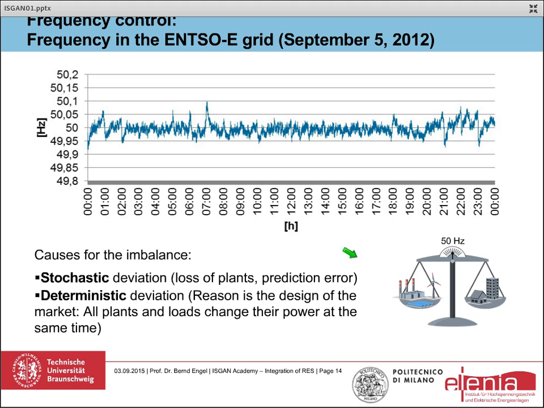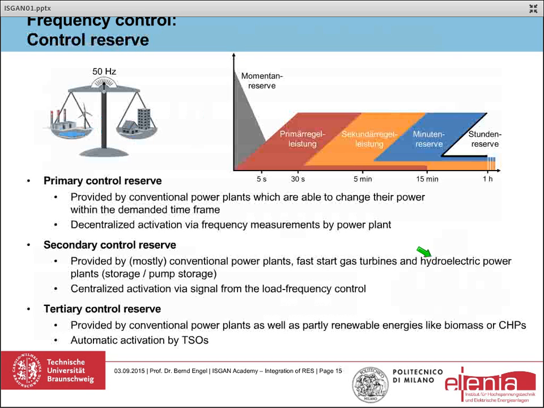And we see the principle: if we have generation and load in balance, we have exactly 50 hertz, the nominal frequency in the network, and if we have more load, we have lower frequency, and if we have too much generation, we have higher frequency.